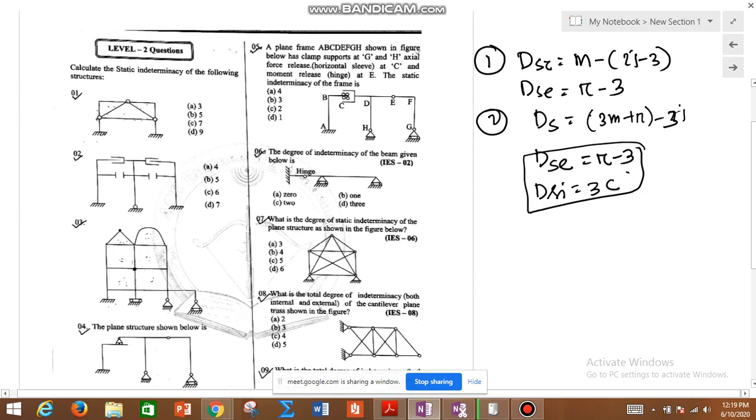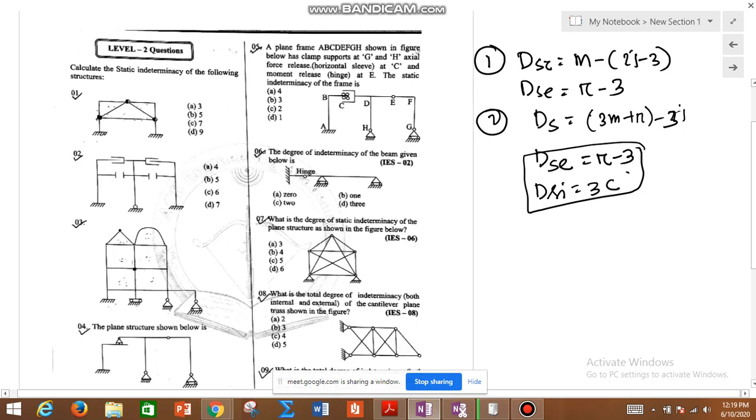So first question, you see, it is a rigid plane frame in which some pin jointed joints are there. This is one pin joint, and this is one pin joint, and these are the internal hinges.